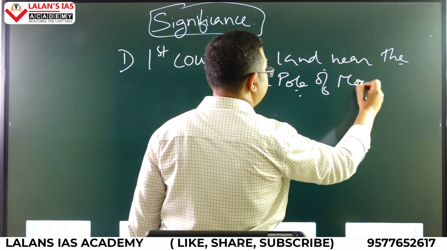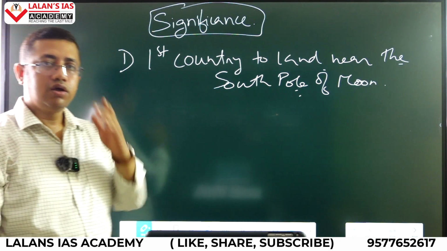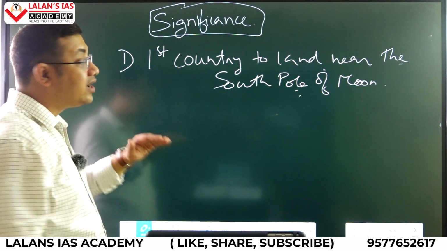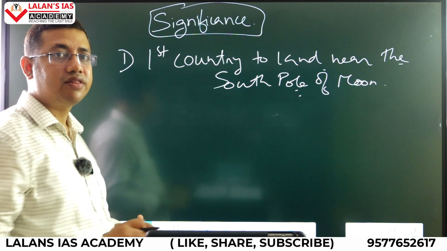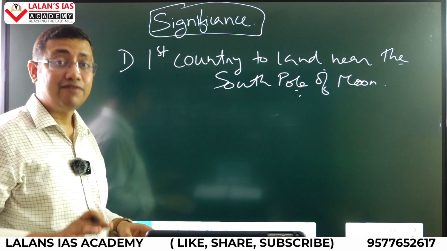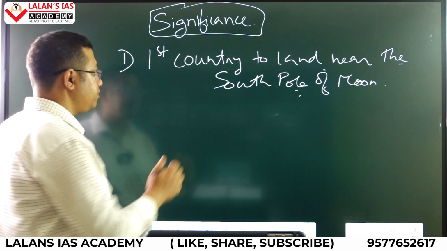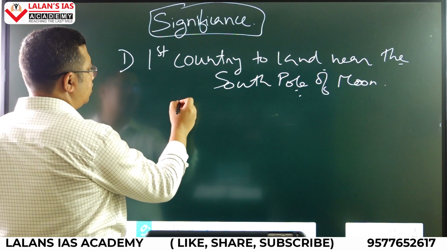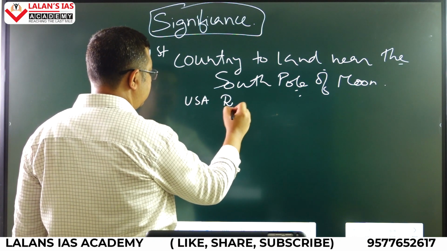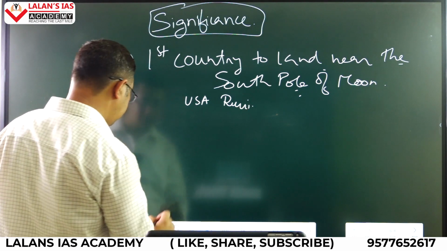Russia would have been the first, but unfortunately the Luna 25 mission broke down just before the landing. So now we are the first. Actually, how many countries have soft landed? India is the 4th country to soft land on the Moon and the first to soft land near the south pole. First it was the USA, then Russia, or the Soviet Union. Luna 24 was the last mission.